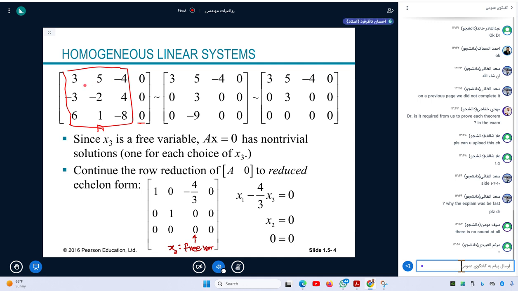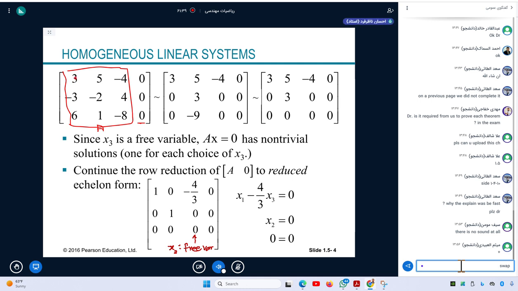For the brothers and sisters who were probably not present in the first sessions, we are allowed to use some row operations. It means you can add one row to another row and then replace the result for the last one.